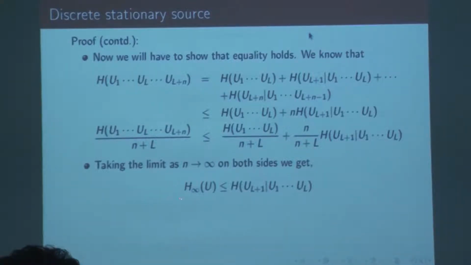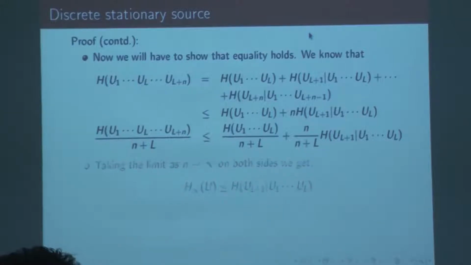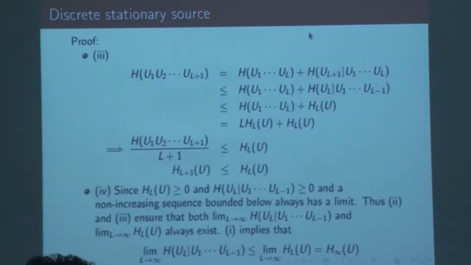So, I have so far shown you that this entropy rate is less than or equal to this. Now, I will let L go to infinity. Basically, what I have shown is this is less than or equal to this. So, I have shown you this, and from property 1 I have this.